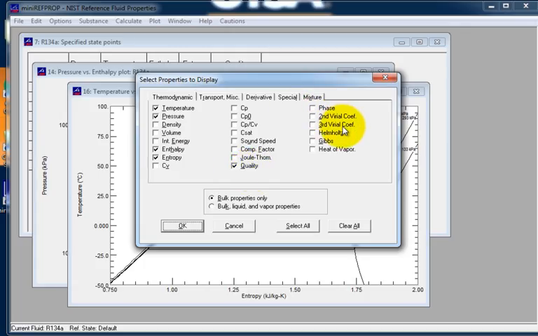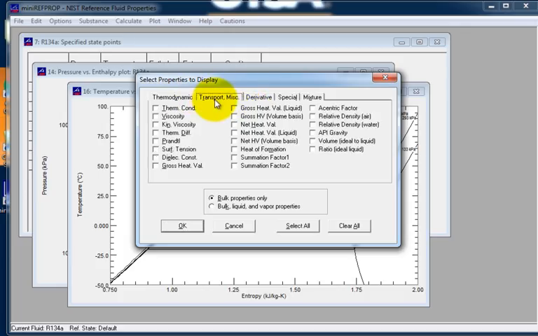The virial coefficients for different equations of state, Helmholtz function, Gibbs function, heat of vaporization. So there's a lot of properties, and those are thermodynamic. Then you have transport. You want thermal conductivity, viscosity, kinematic viscosity, thermal diffusivity, Prandtl number, surface tension, dielectric coefficient. I know I'm boring you, but it's for even the student version for water.